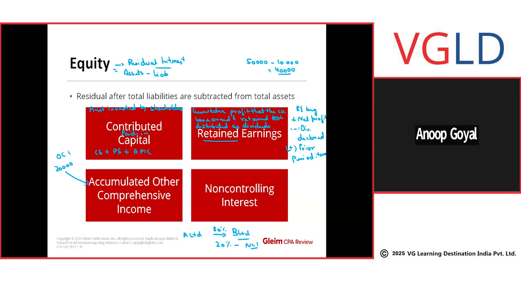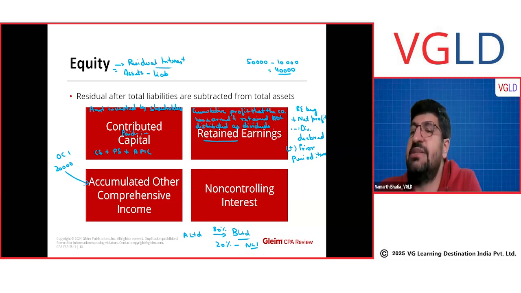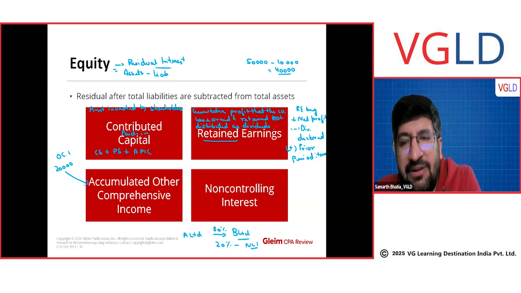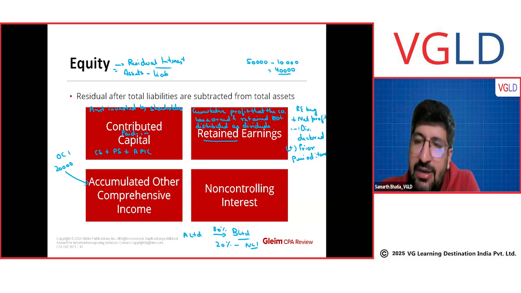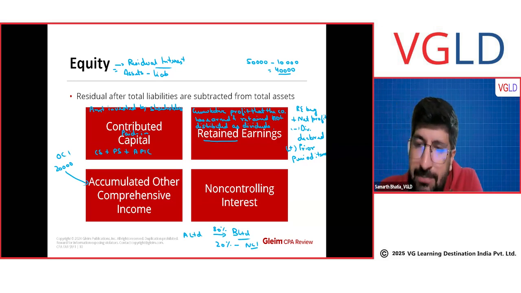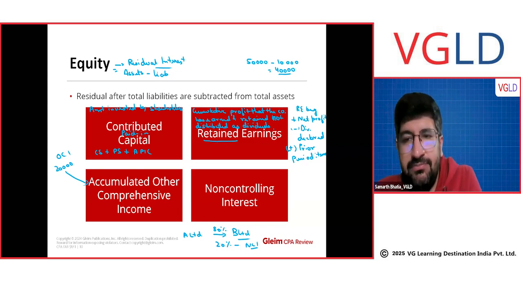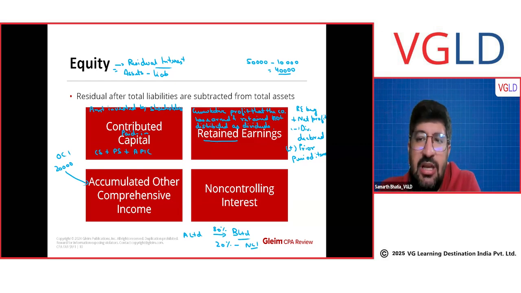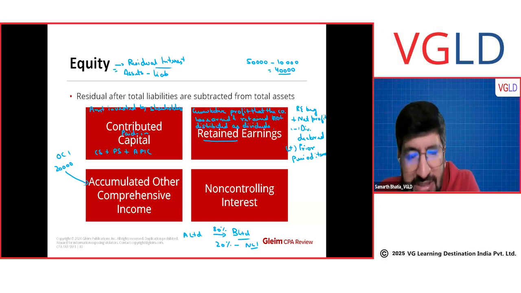But what is OCI? Other comprehensive income includes the 4 items: the unrealized gain and loss from available for sale debt securities, then foreign translation gain or loss, pension adjustments, and whenever there is a loss when we are presenting the liabilities at their fair value, whatever the loss there will be is reflected through the OCI.